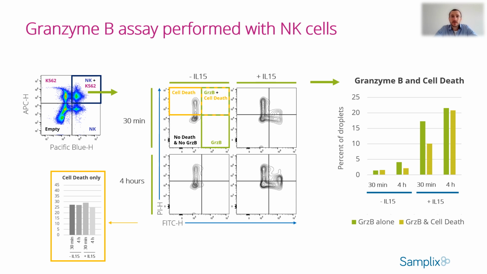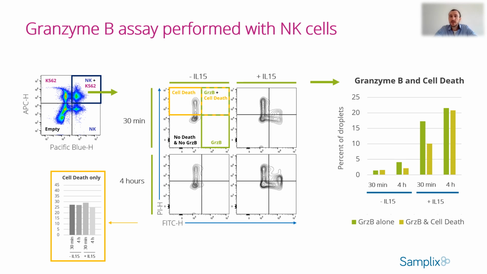And if we look at the results of such an experiment with these NK cells, we can see that after stimulation with the IL-15, we have an increase. These are the striped graphs here. We have an increase in droplets containing both granzyme B and a dead cell after 30 minutes, and this increases further after 4 hours of incubation. You can also see that we have an increase in the proportion of droplets containing granzyme B alone after 30 minutes, and this increases slightly after 4 hours.